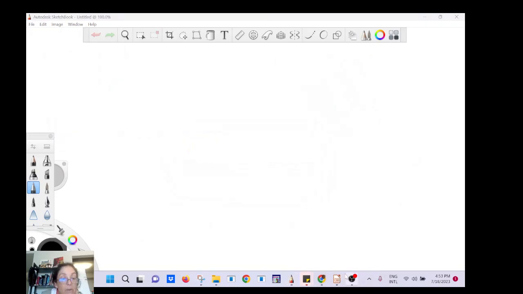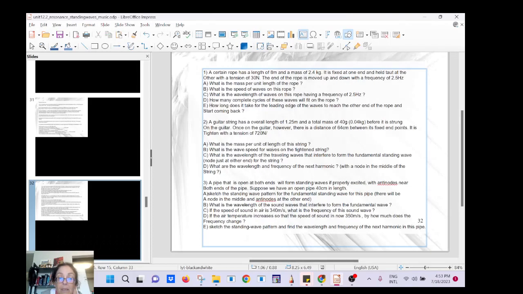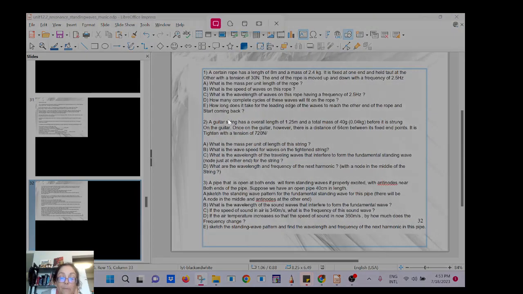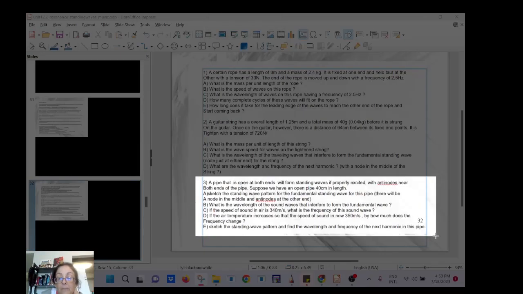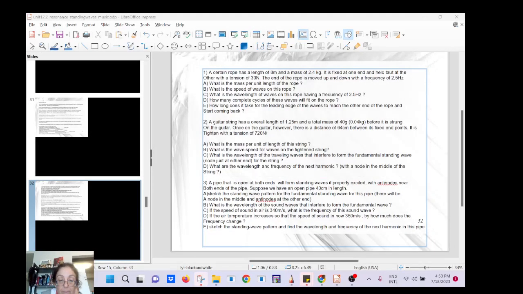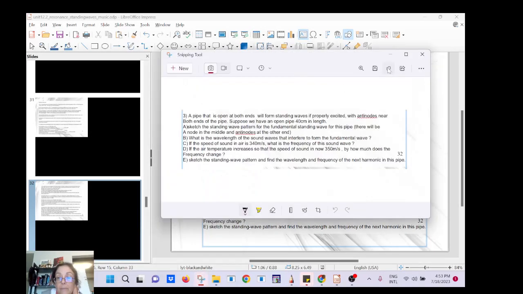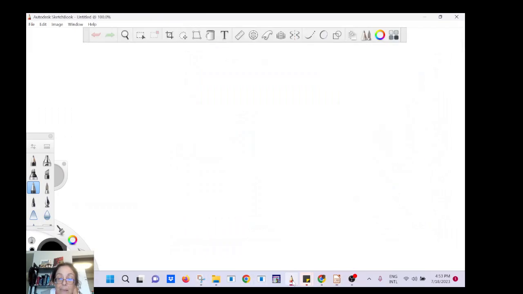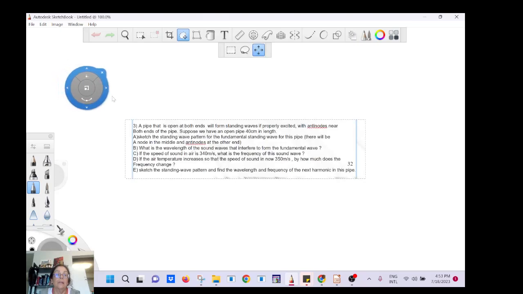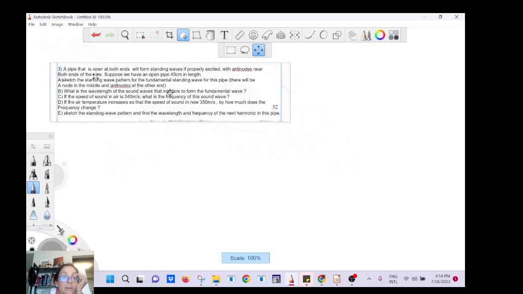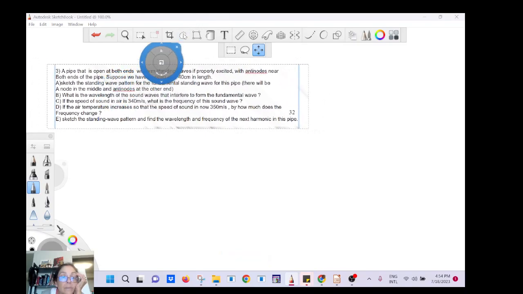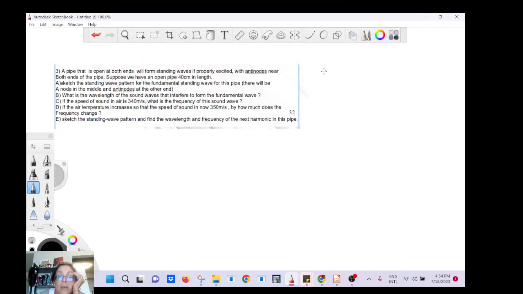Okay, let's see if we have another one here. So number 3, it's a pipe. So open at both ends.